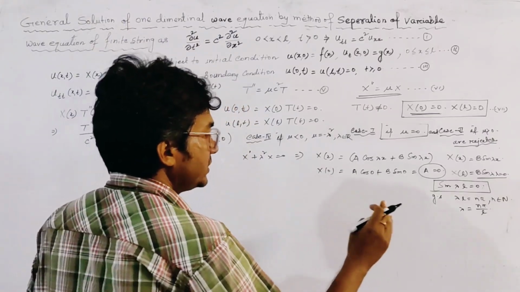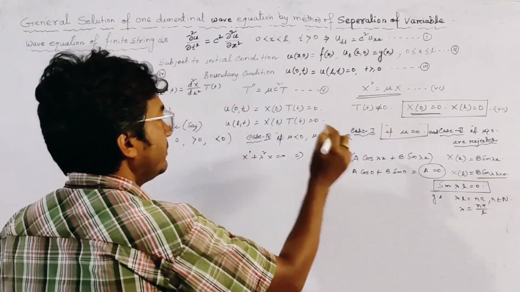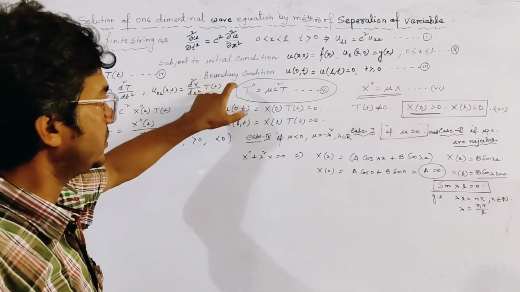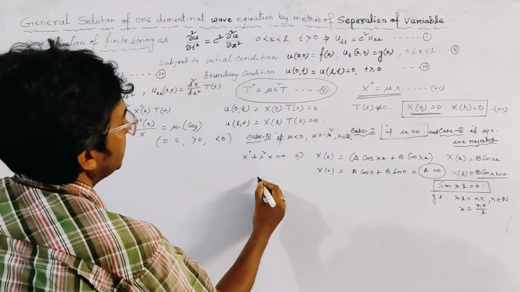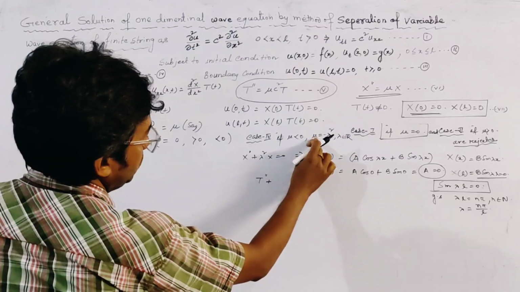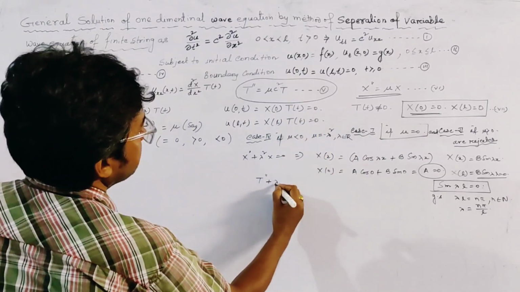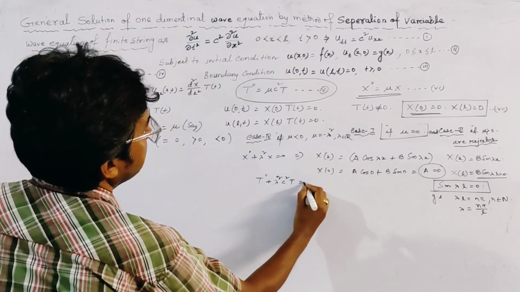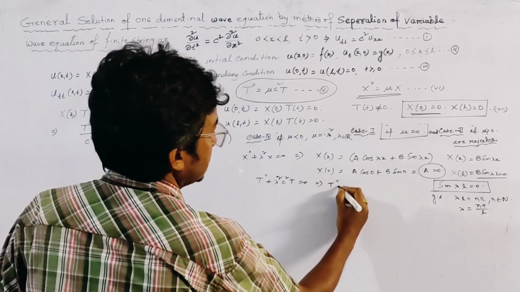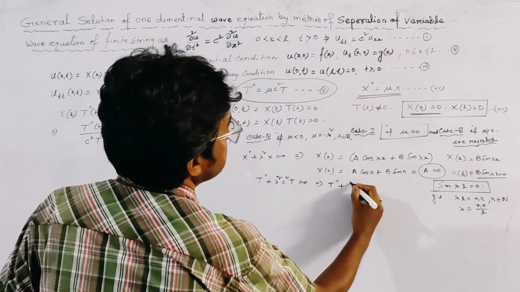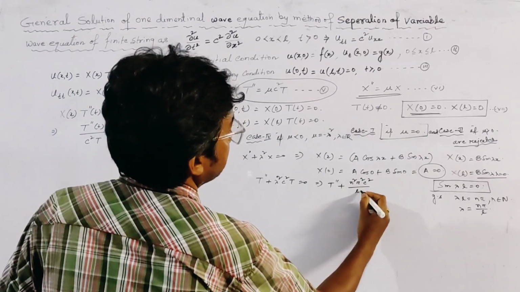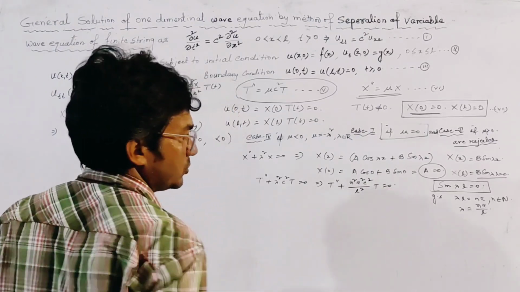Now we get the value of lambda, and putting the value of lambda in equation number 5, we solve equation 5. T double dash plus lambda square c square T equal to 0, because mu equals minus lambda square. So we get T double dash plus n square pi square c square by L square into T equal to 0.